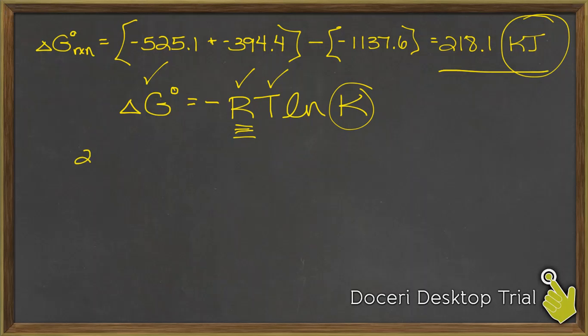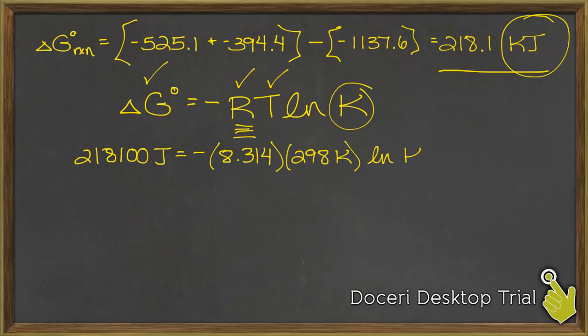So let's see, that's 218,100 joules equals negative, plug in that gas constant. Temperature was 298 K. We do a little bit of algebra and we get down to this. I have not rounded this number too much.